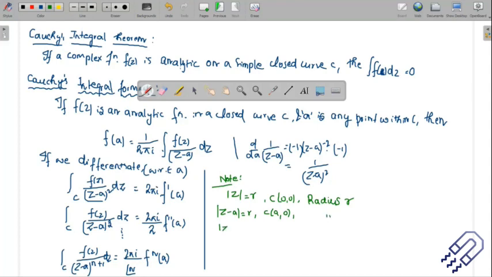Maybe modulus of z minus bi, if I write down, is equal to r. The coordinate is bi, so that means we're talking about the y coordinate. So it is 0, b, and radius will remain as r. One more form might be, modulus of z minus (a plus ib) is equal to r.